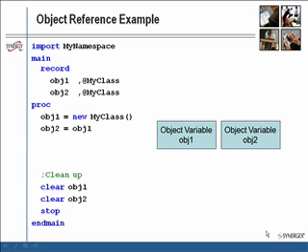To try to demonstrate the concept of reference counts and object lifetime, consider the following example. The code on the left declares two object variables, obj1 and obj2. The code then instantiates a new object and associates it with the object variable obj1. Then obj1 is assigned to the second object variable.